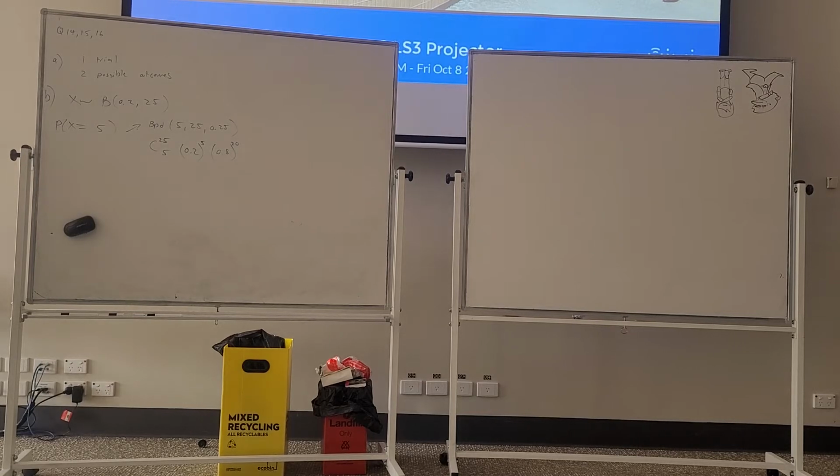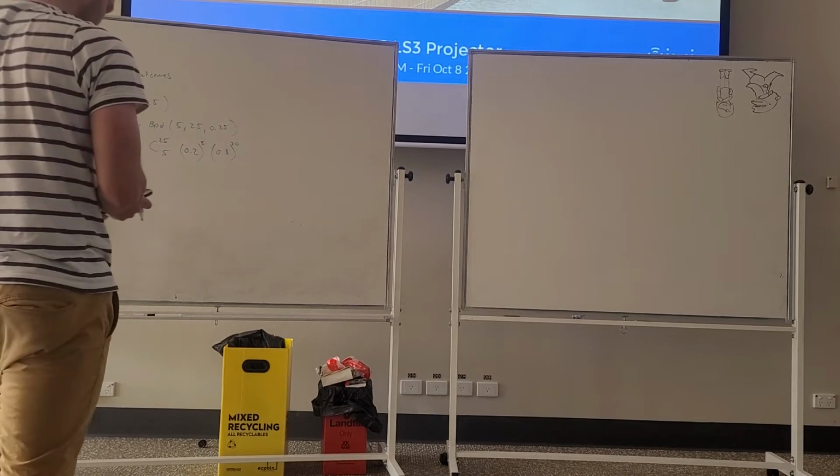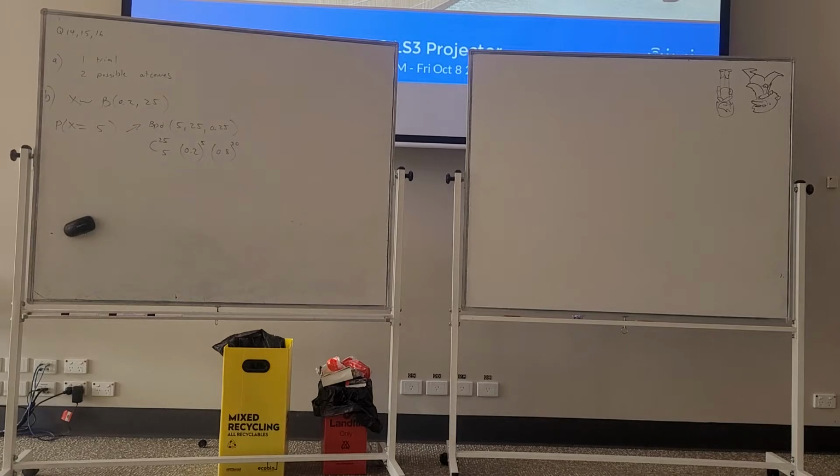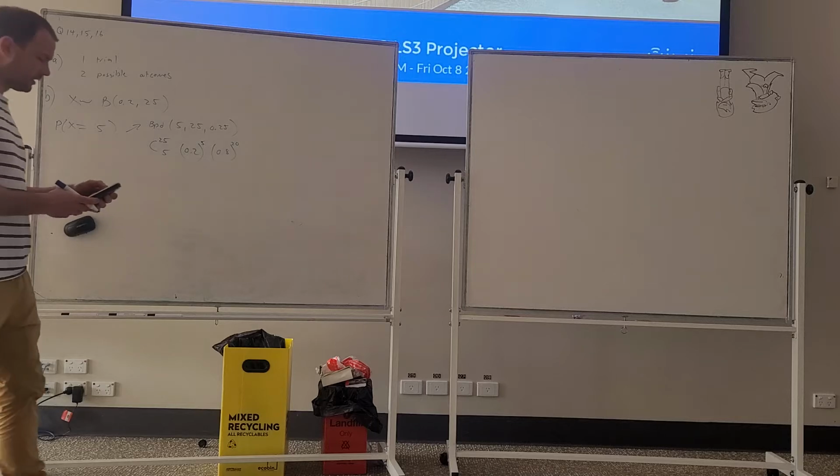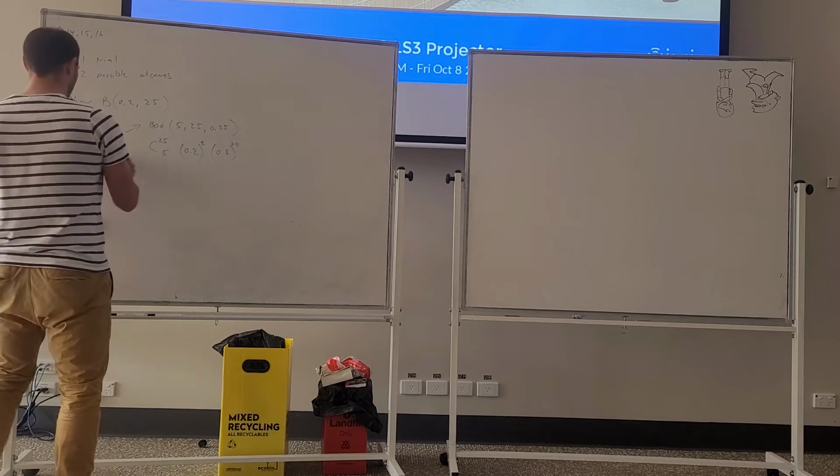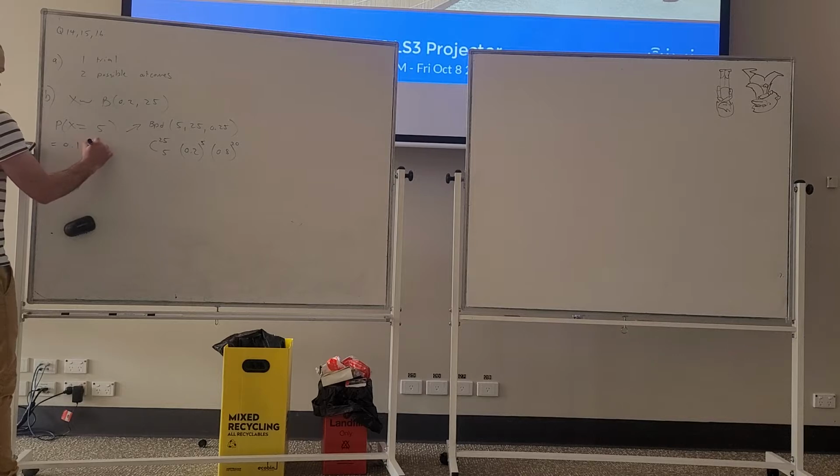Let's go ahead and calculate that now. Distribution, binomial, Bcd, 5, 25, 0.2. 0.1960, so 0.196.